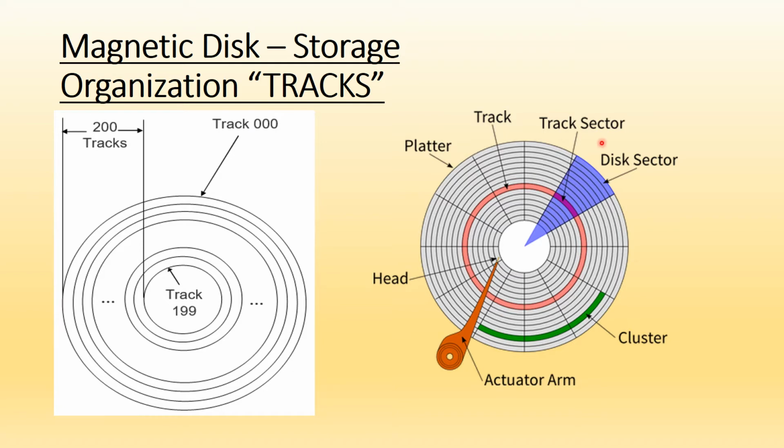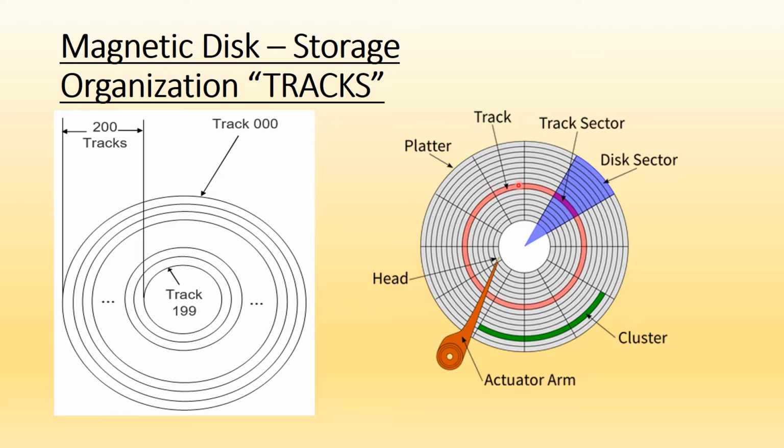For example, over here we have the disk sector, which is this part. It looks like a slice of pizza. This is what is known as a disk sector. And then we have the track sector, which is this piece from here to here.